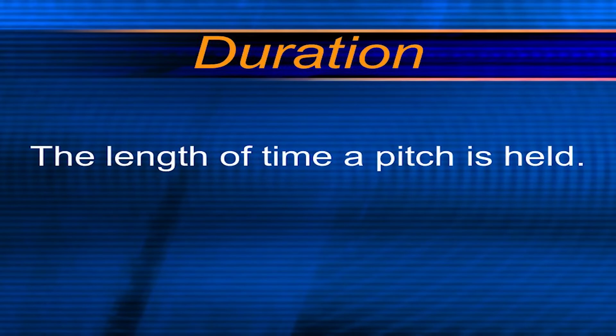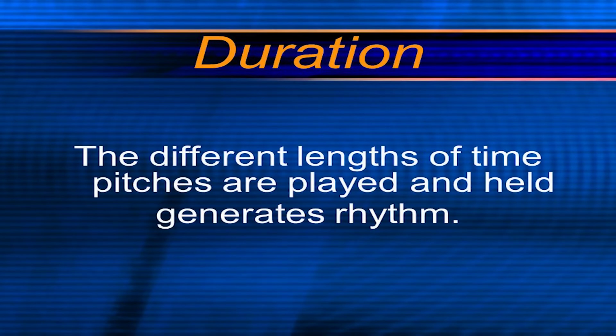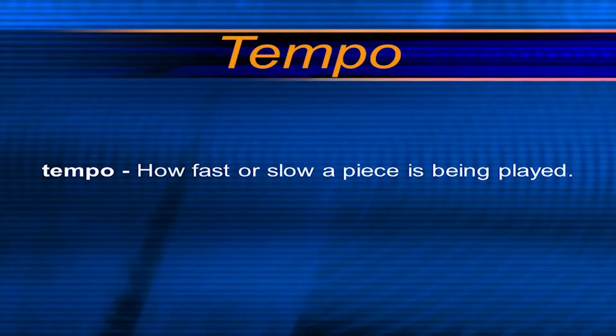Duration is the length of time a pitch is held. The different lengths of time pitches are played and held generates rhythm. Tempo is how fast or slow a piece is being played.